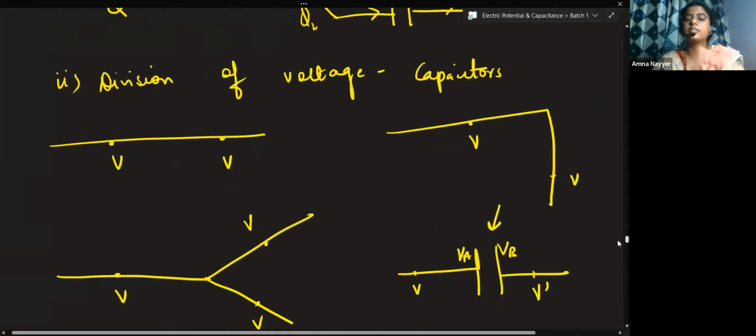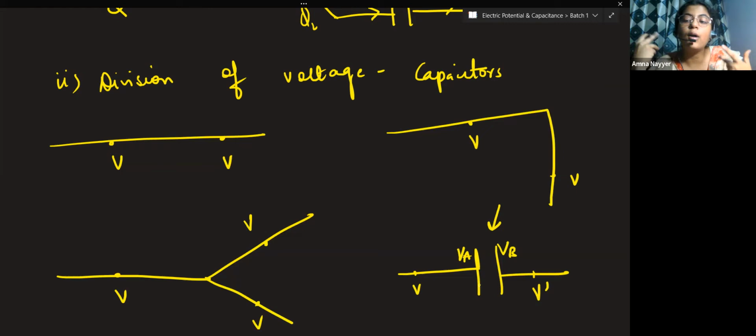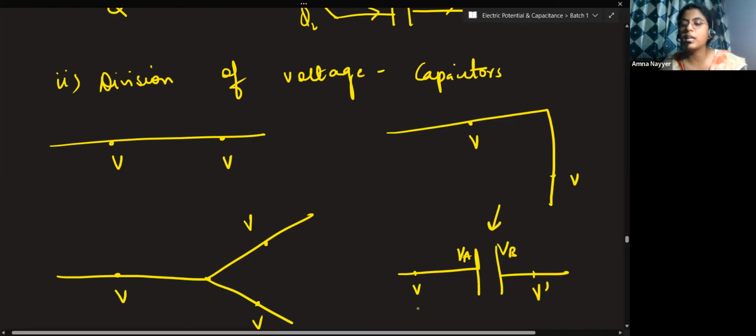If this is a wire flowing, the potential is the same. As the wire got divided into two parts, the potential is still the same. But when this capacitor came, the potential on either side of the plates of the capacitor was different. And the potential difference is given by VA minus VB, like this.